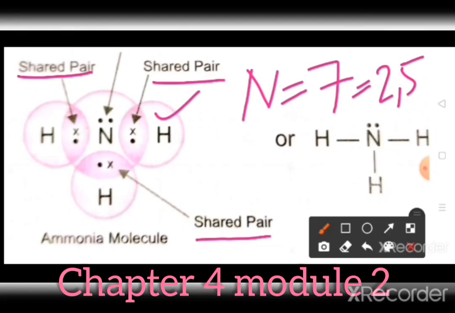So 5 is the outermost, so 3 electrons are shared with hydrogen, and 2 electrons will be left as lone pair. These are known as lone pair, which is shown here. 2 electrons which are non-bonded, they are known as lone, L-O-N-E, lone pair.